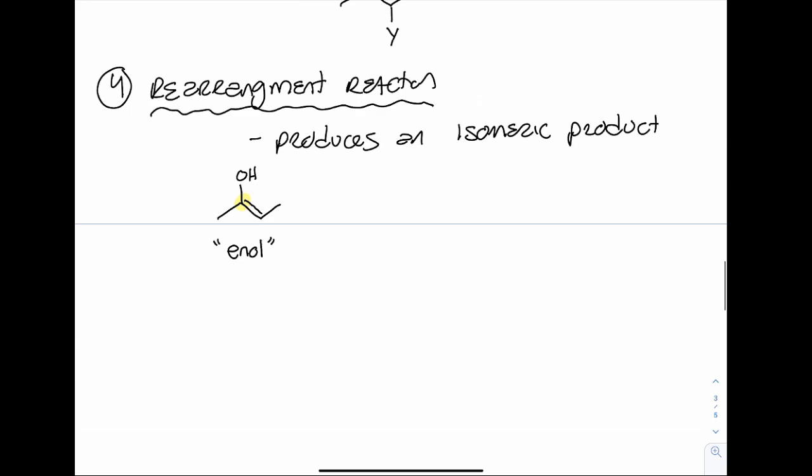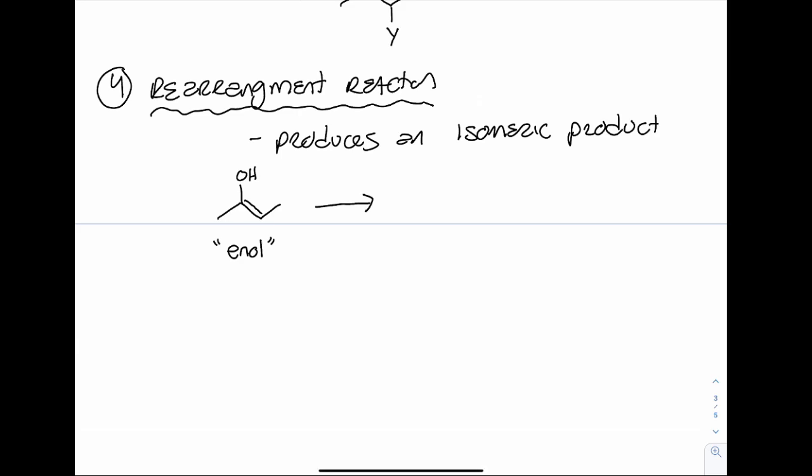You can have them on the same molecule, but it's not always called an enol because they're not on the same carbon, right? This has an alkene and an alcohol. And when I name it, I'm going to use both of those prefixes. But if you just say it's an enol, it typically means they're on the same carbon. I'm not going to test you on that name right now. I'm going to probably say it in the course of this explanation, and I want you to know what we're doing.